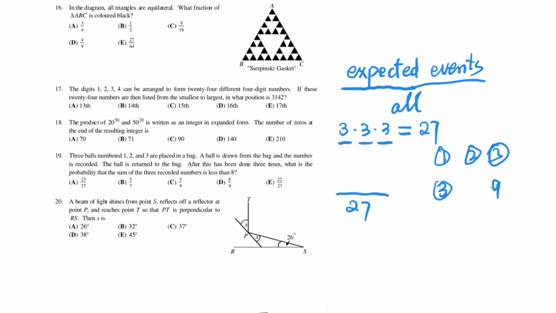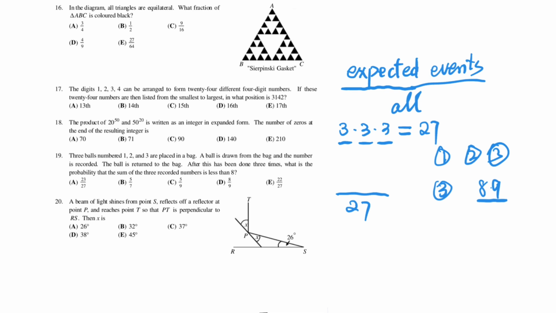So sums less than 8 will be the numbers 3, 4, 5, 6, 7. So we count the ones greater than or equal to 8, and then we use the total events minus the unexpected events, which will give us the expected events. Now we will count it.